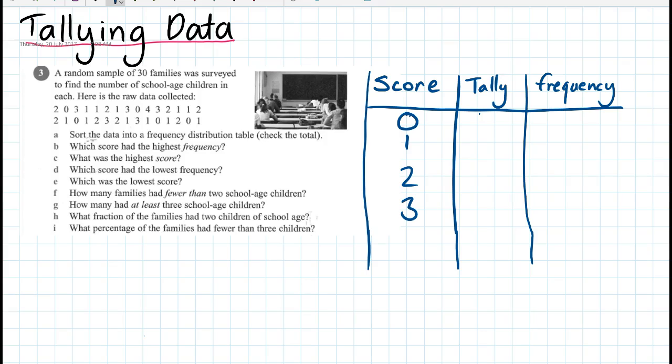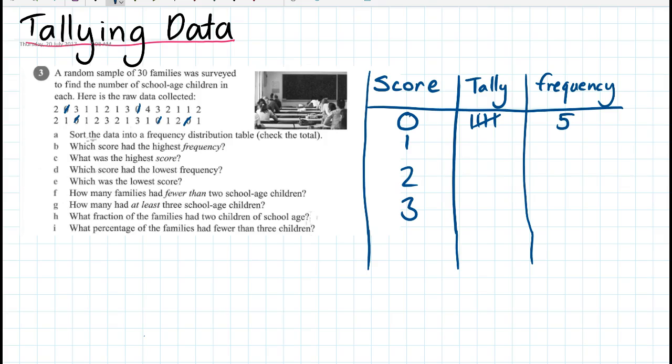So we'll just start off and tally up the numbers of zeros. You've got 1, 2, 3, 4, 5. That's how we tally up the numbers of zeros.